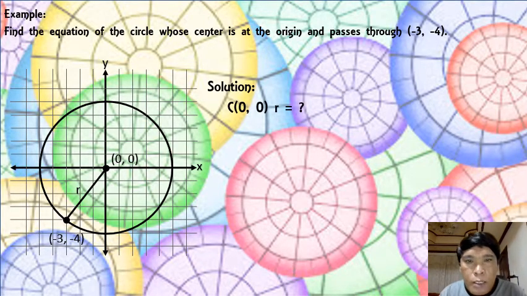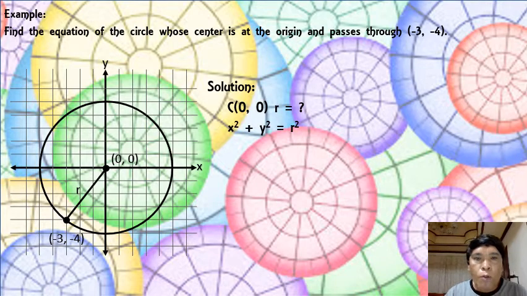So since the center is at 0, 0, and the length of the radius is unknown, we can use the distance formula to find the length of r.